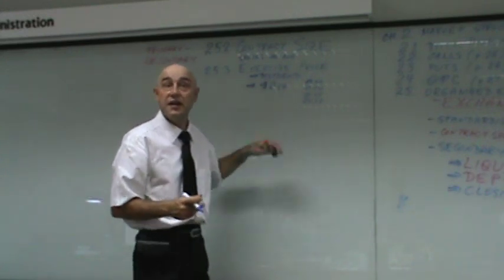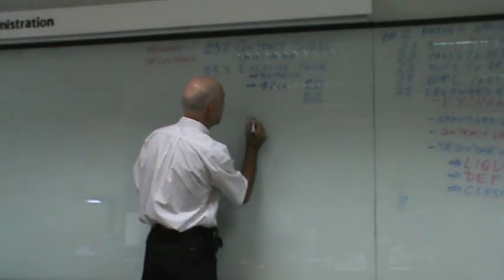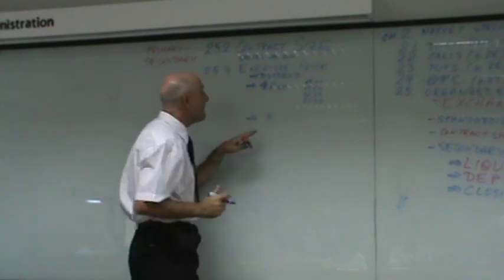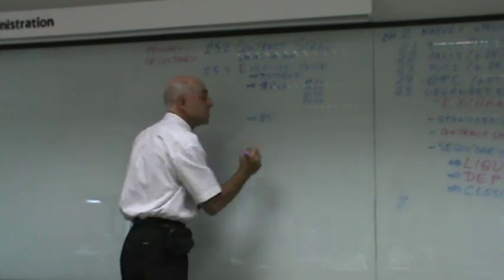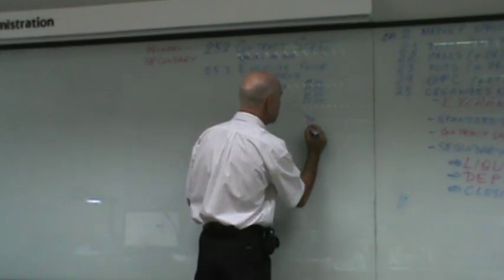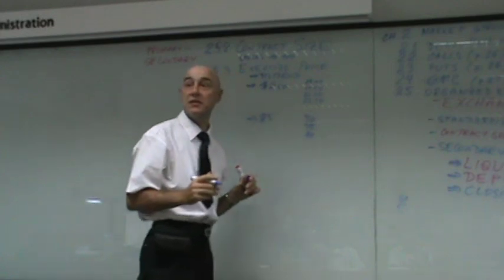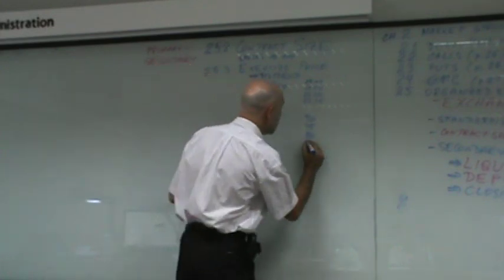Okay? If it's a little bigger, it will be $5. So the strike price will be 70, 75, 80, 85.